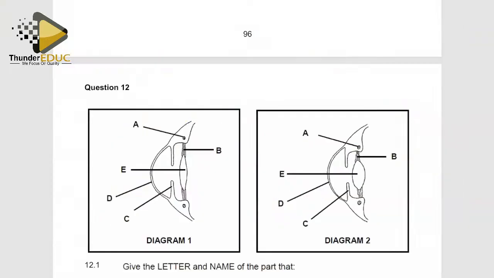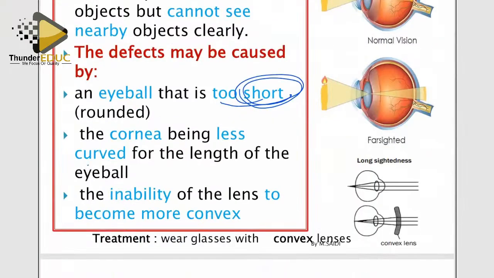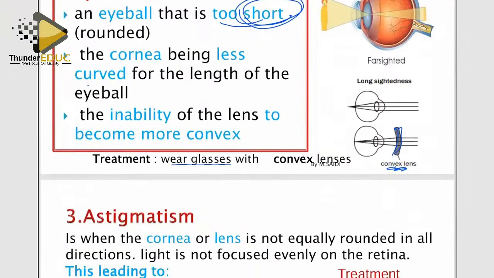So that's why here we shall say that to solve that, the eyeball is too short or the cornea is less curved, meaning that it cannot converge this light. So how do we solve that? We solve that by putting on the convex lens so that now the light can be converged. That's why we're saying that you wear glasses with convex lenses.